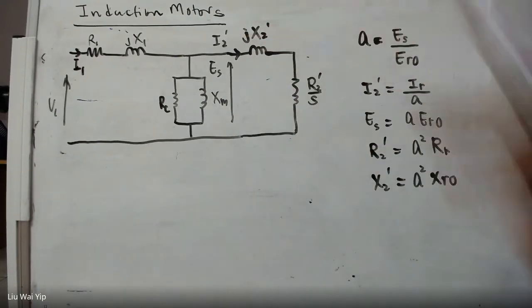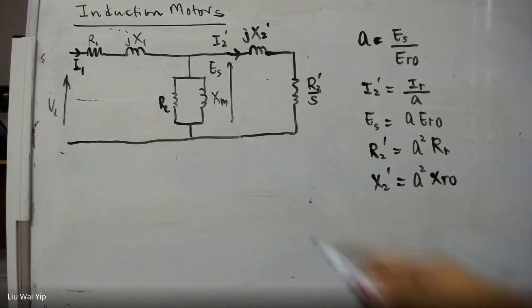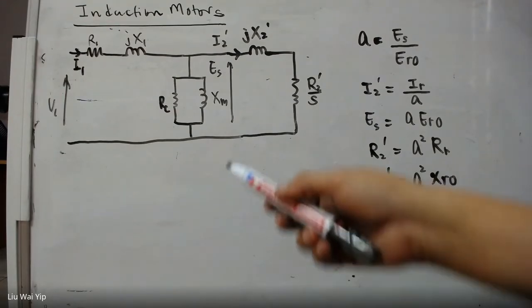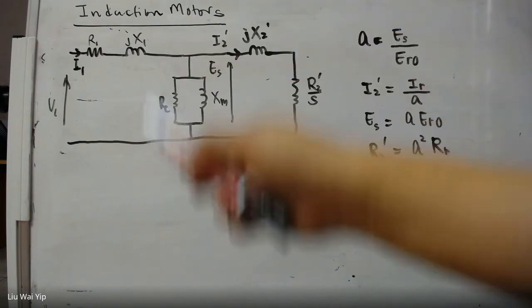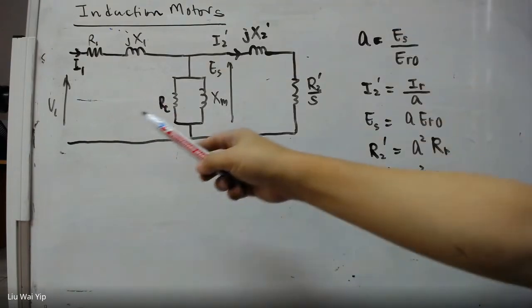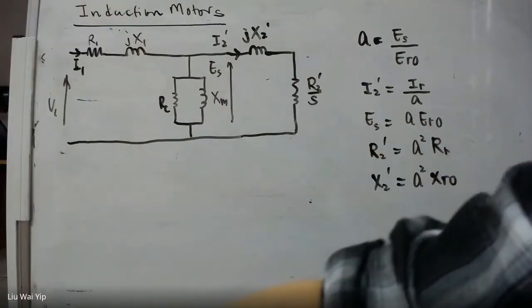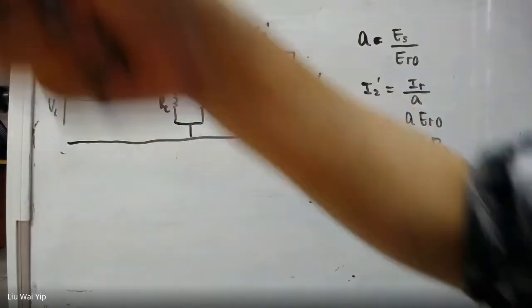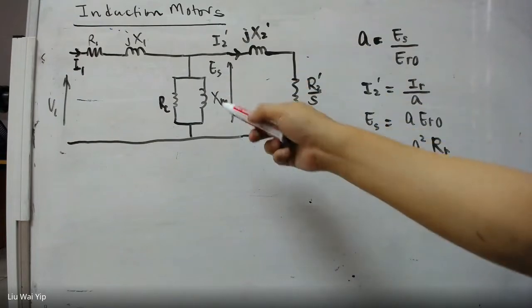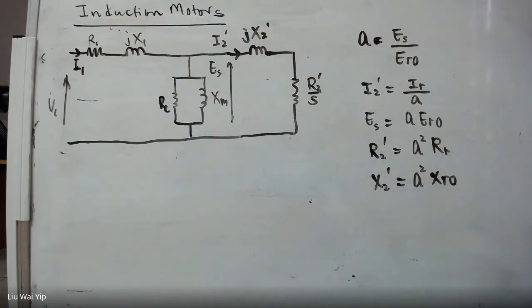So this is the model of the induction motor, and you can use this model to model everything, including the power. Now, talking about the power, we can model the power meaningfully using this diagram.